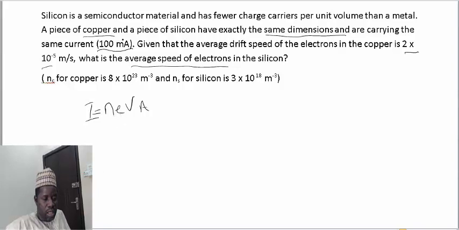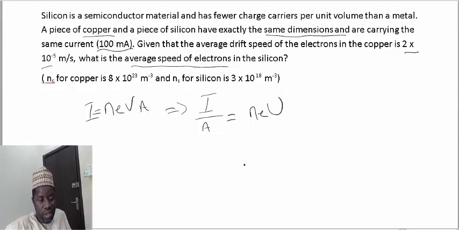Looking at our data, we can see that it relates our current to the dimension, such that if we evaluate the current over the area, this is equivalent to n e v, where v is the drift velocity.